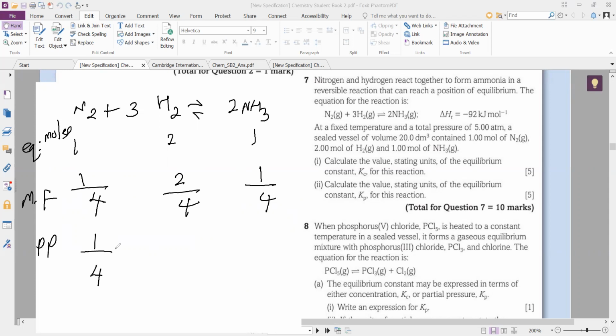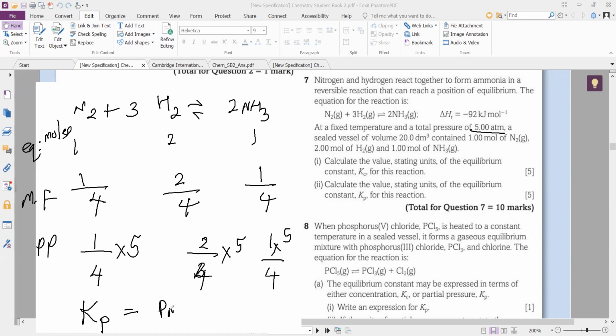Total pressure is 5, I think. Okay? It's 5, yes. Right. Then you can calculate the Kp. When you are writing Kp, you should not use the square brackets.